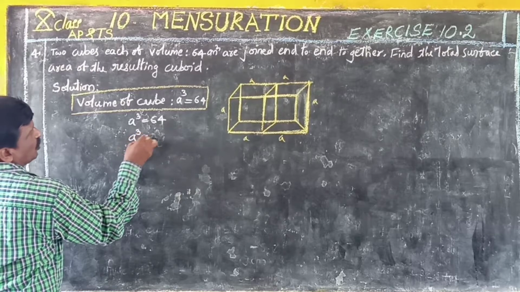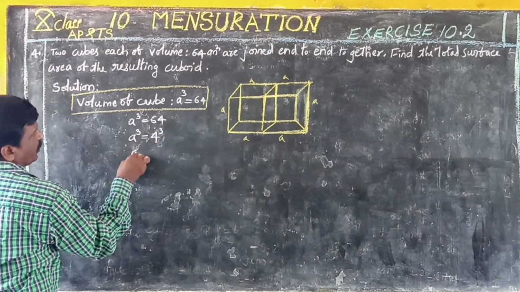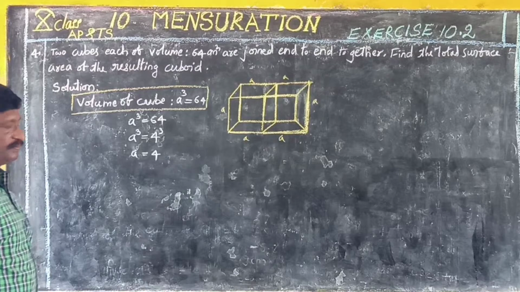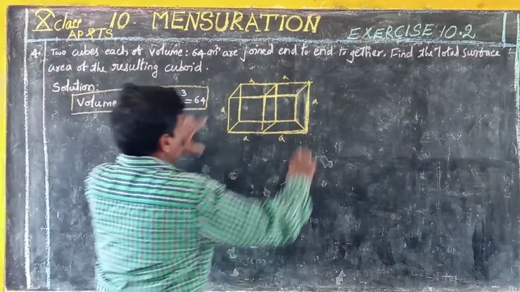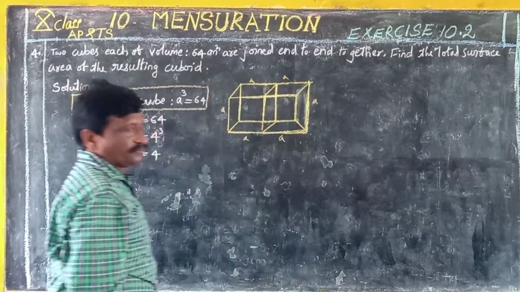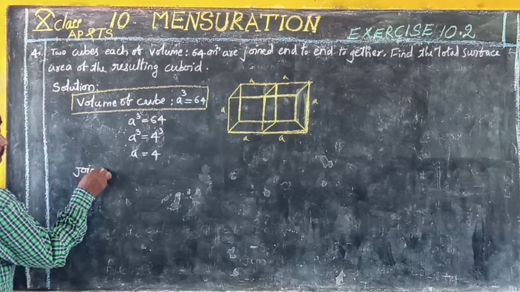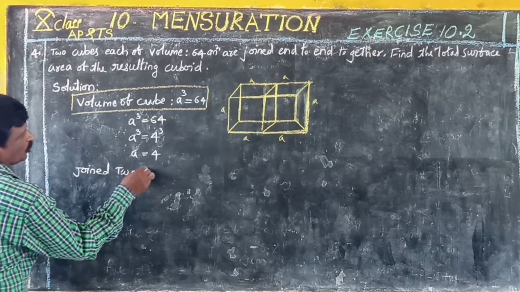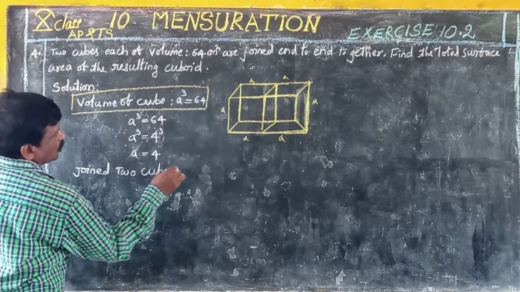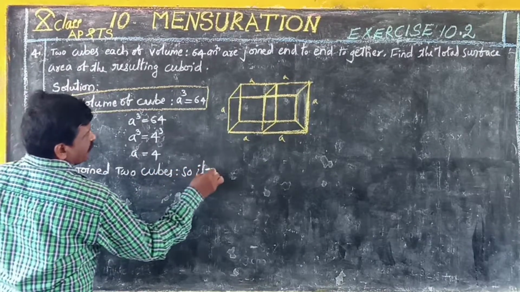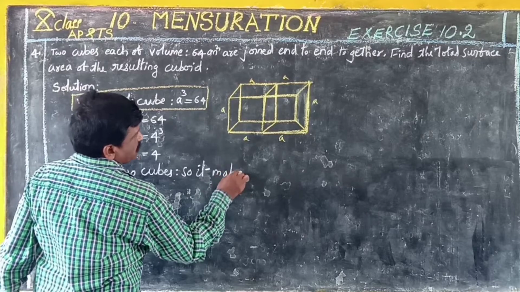A cube is equal to 4 cube, so a is equal to 4. So two cubes joined make a cuboid.